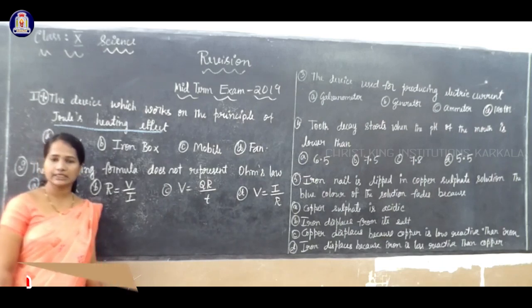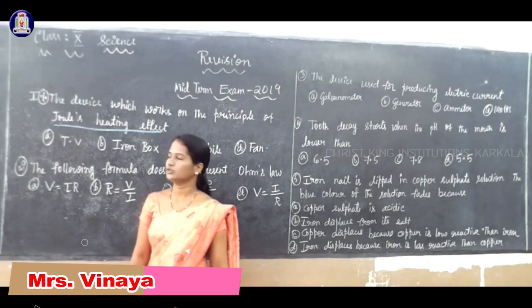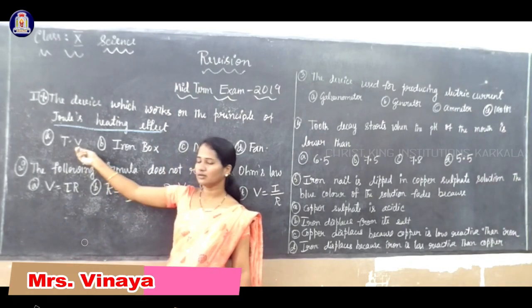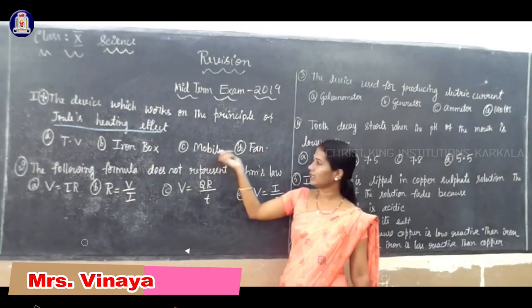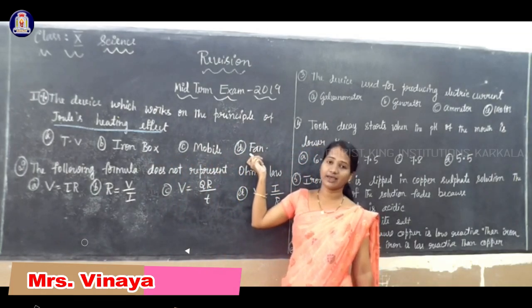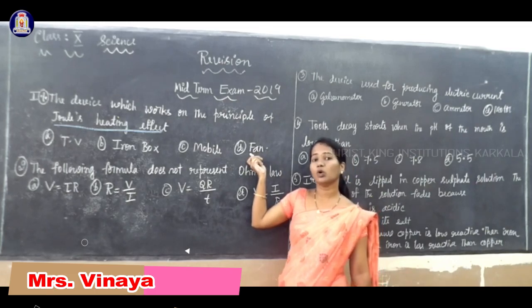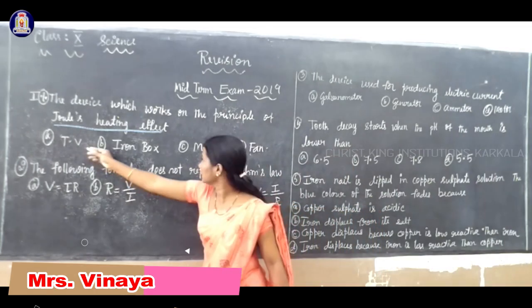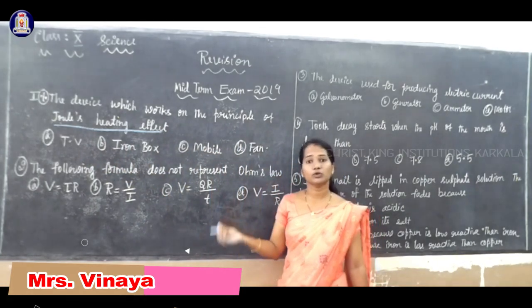So what is heating effect? Electrical energy is converted into heat energy. The first option is TV, second is iron box, third option mobile, and the fourth option is fan. So in which device are we producing more heat? Actually TV, mobile and fan, if we use them continuously, they produce heat.